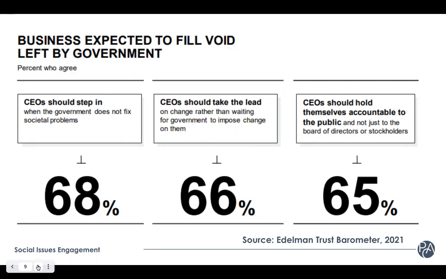I'll be very curious to see if this changes in the future, with companies feeling a little less pressure now that a different administration is in place. But a lot of folks felt that CEOs should step in and fix a problem when the government can't. They should take the lead, and then hold themselves accountable to the public, not just the stockholders and the board. And these are big changes that we've seen.